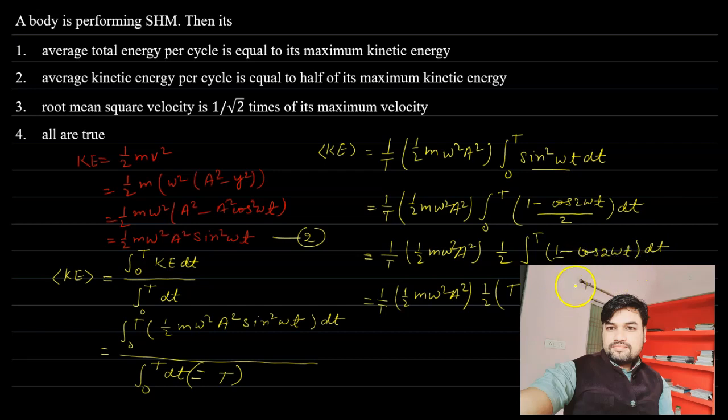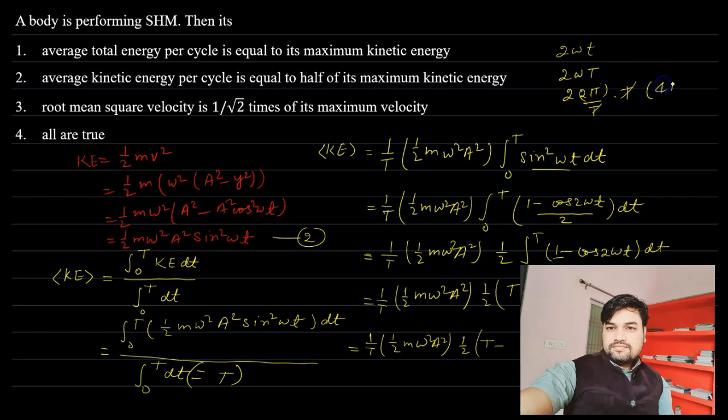Cos 2 omega t will become sin 2 omega t divided by 2 omega, with limits of integration 0 to T. So 1 by 2, m omega square a square, 1 by 2, T minus... we can substitute omega equals 2 pi by capital T. We write 2 omega capital T, and 2 omega is 4 pi by capital T, into T, so T will be cancelled out.